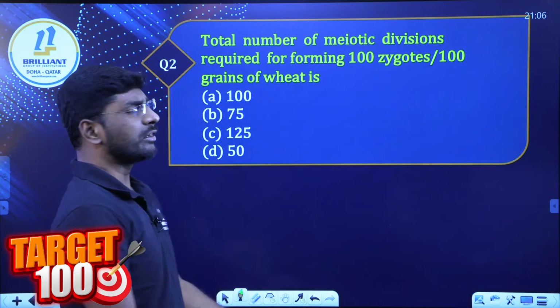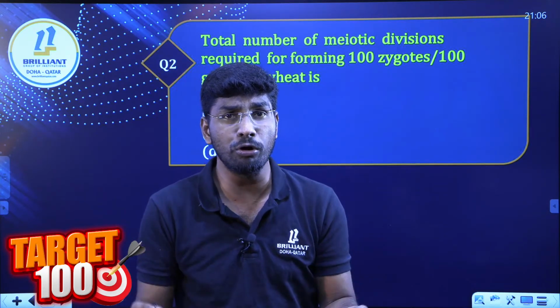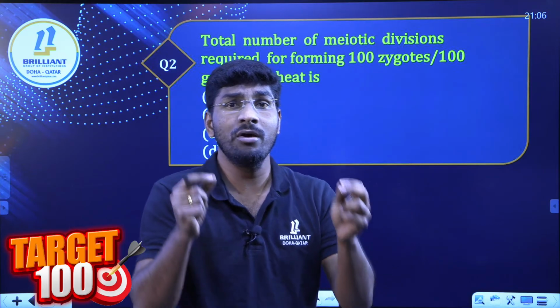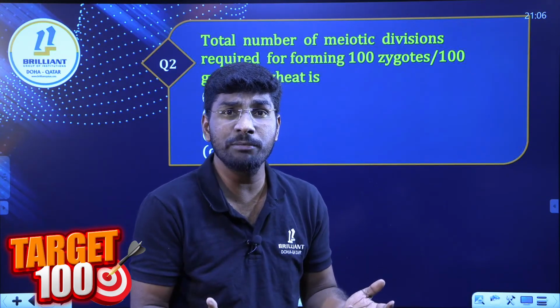Next question. This type of question keeps repeating. Students, you should know what meiosis division is, what the result of meiosis is, where it takes place, how many cells are produced, and what those cells are.